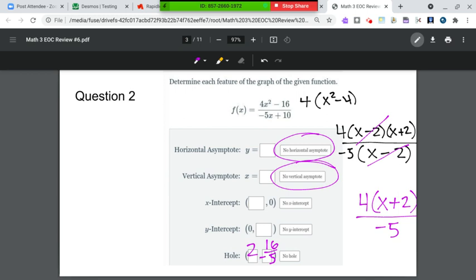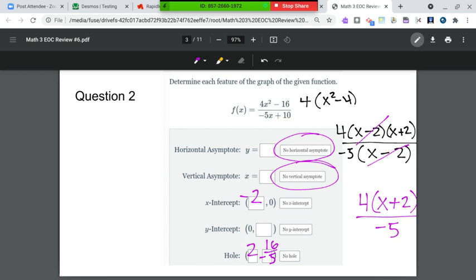The x-intercept is what's left in the numerator that makes the numerator 0. So it would be -2, 0 for your x-intercept. Wait, say that again? To find the x-intercept, it's what's left in the numerator that makes the numerator 0. So if I plugged -2 in, it would be 0.